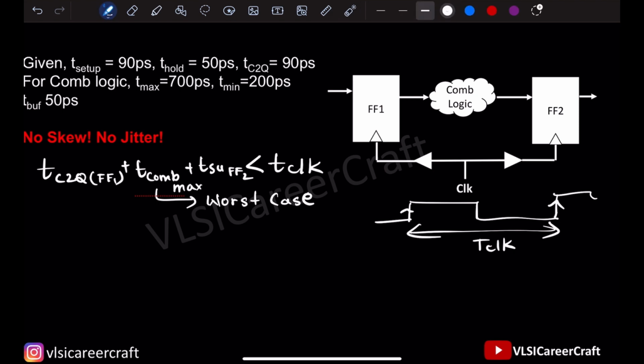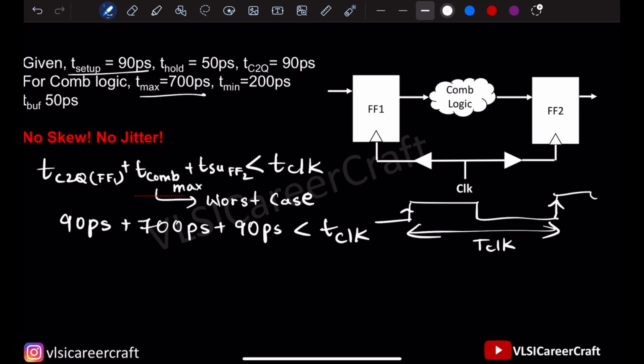Based on the given delays, clock to Q 90 picoseconds plus T combinational 700 picoseconds plus T setup 90 picoseconds is less than T clock. So basically T clock is greater than 880 picoseconds. This is nothing but the minimum clock period.